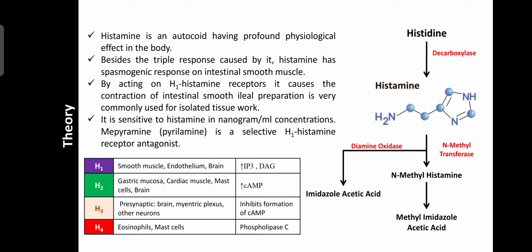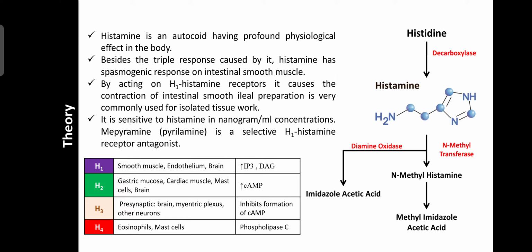Mepyramine is a selective H1 histamine receptor antagonist. So dear students, histamine can cause contraction of smooth muscle through increasing the formation of IP3 and diacylglycerol.